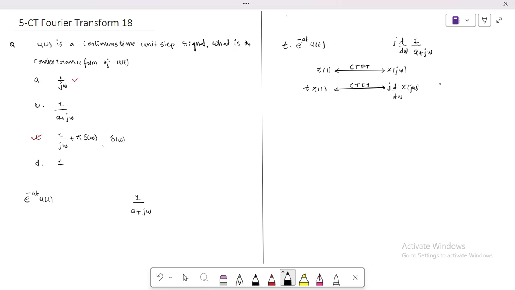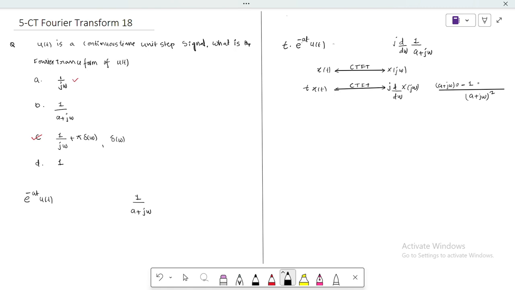Differentiation, so we can use the u by v rule. In u by v, the denominator is a plus j omega whole square, and in the numerator, differentiation of the numerator, which is 0, minus 1 into differentiation of a plus j omega. Here we are doing differentiation with respect to omega.